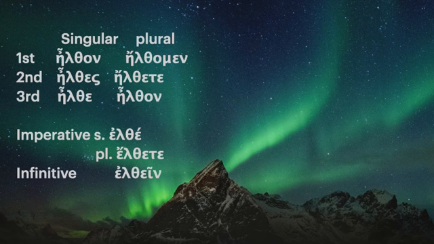All right, so let's move to the infinitive. We've got the -ein ending. The present infinitive usually ends in epsilon iota nu, and that's what we have in the aorist. The way we tell the difference is that this stem is something that we can only get in the aorist.